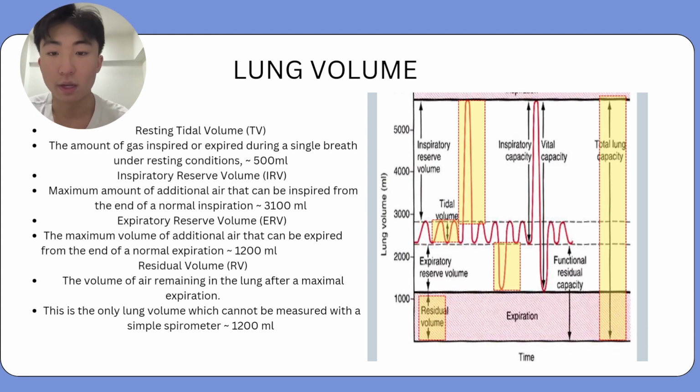So key points like TV, IRV, ERV, and RV are highlighted, and the yellow region denotes calculated lung capacities such as total lung capacity, TLC, showing the sum of all basic volumes. So this is the chart that I want to explain.